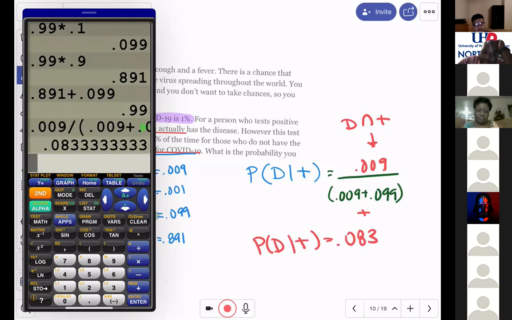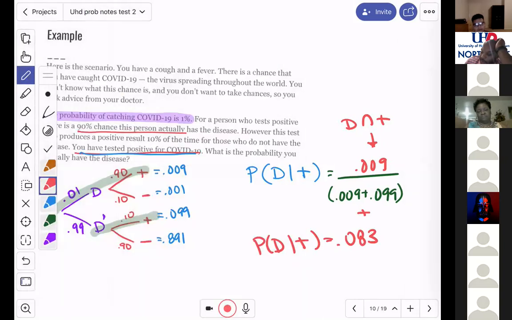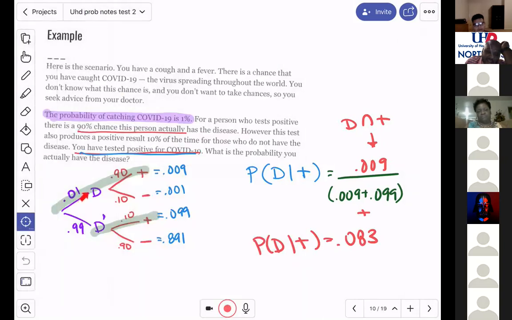There's an 8% chance that you actually have this disease, even though you tested positive. Which is a really small chance, by the way. Why is it a really small chance? Because only 1% of the population actually has the disease. On top of that, your false positive rate is so high to begin with. Your false positive rate is 10%.